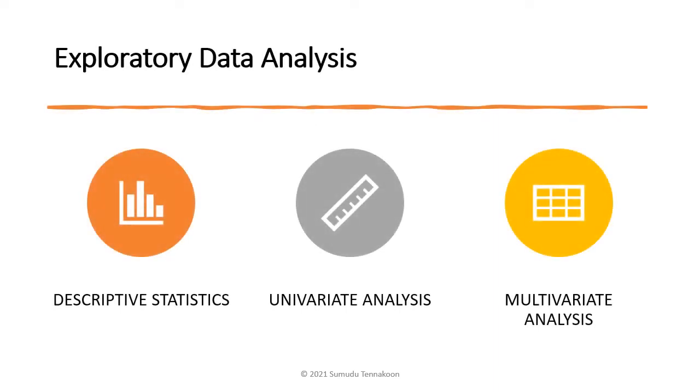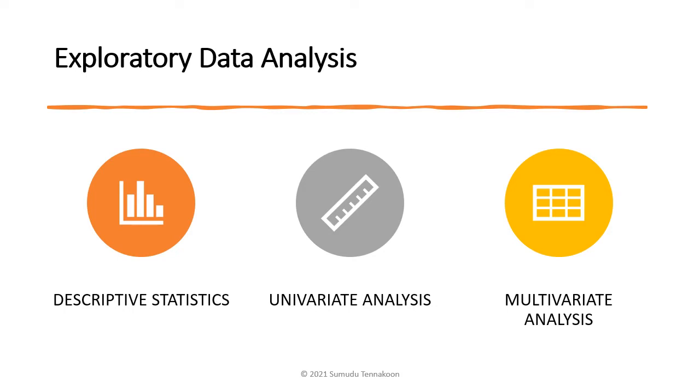Okay. So let's start our discussion on exploratory data analysis, or EDA. Here we are going to discuss three topics: descriptive statistics, univariate analysis, and multivariate analysis. We use descriptive statistics to get a basic understanding of a variable.